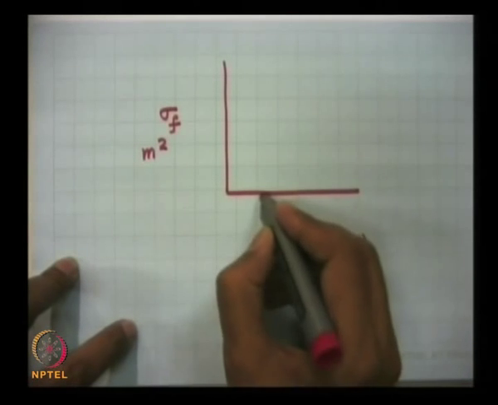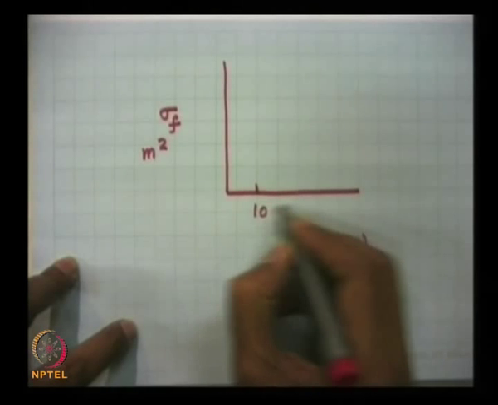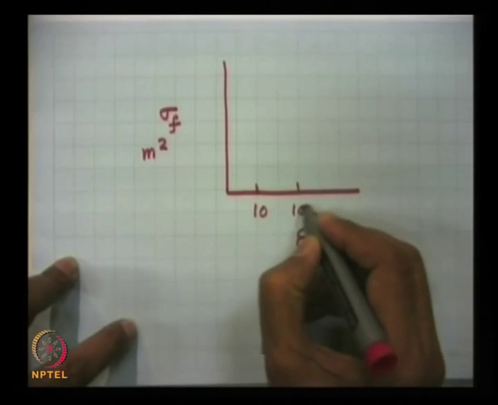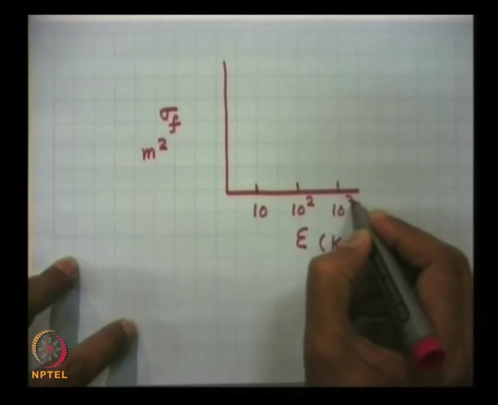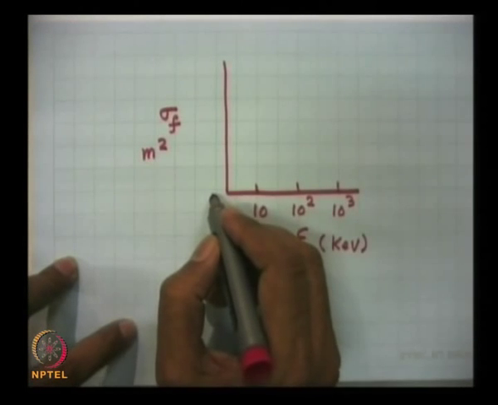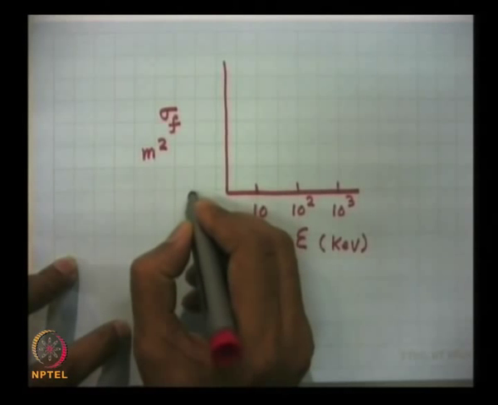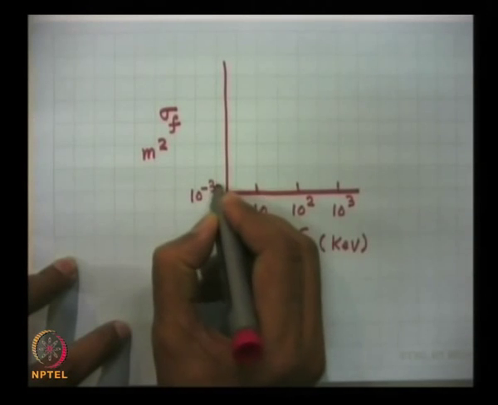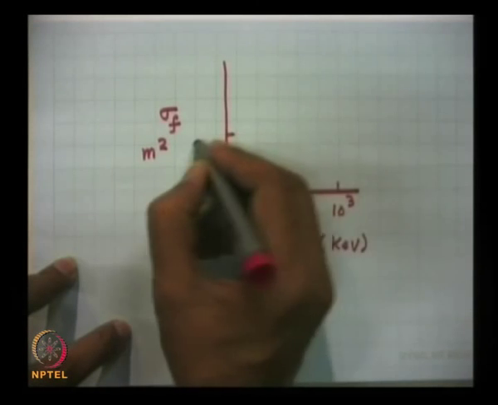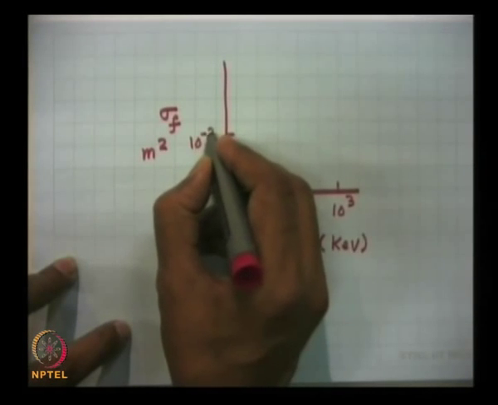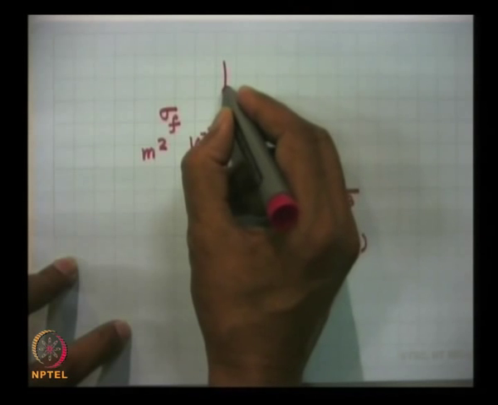Suppose it is 10 here, this is 100 here, and this is 1000 here. This is logarithmic scale. And the fusion cross section, if I write here 10 to minus 32 meter square, and let me write 10 to the power minus 30 here, and let me write 10 to minus 28 here.